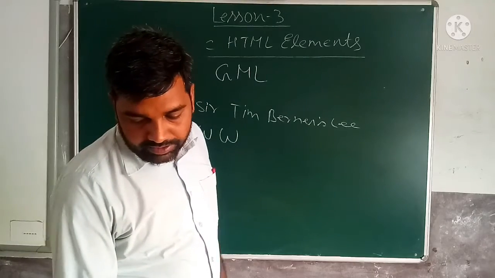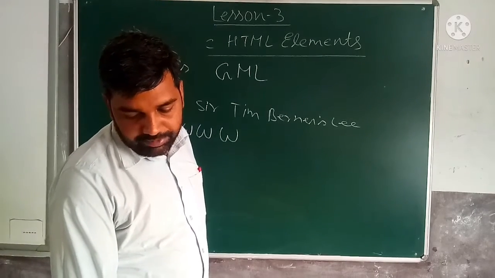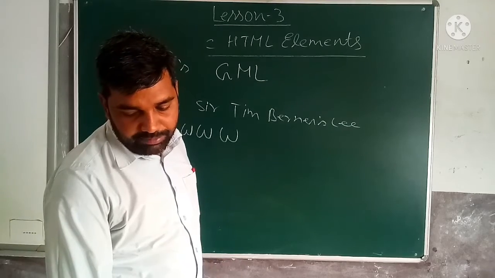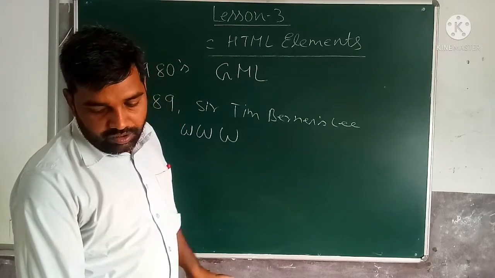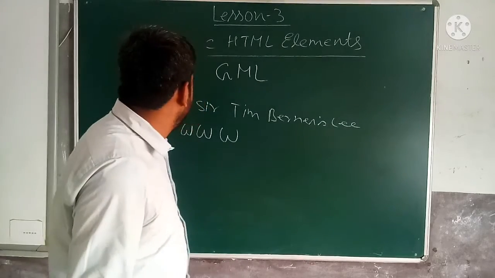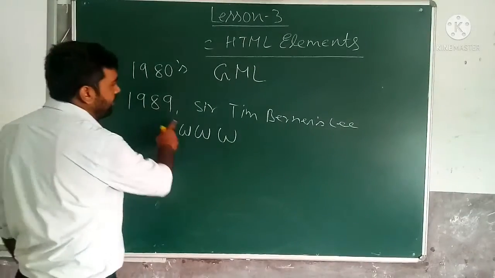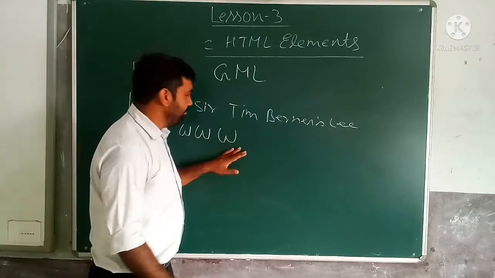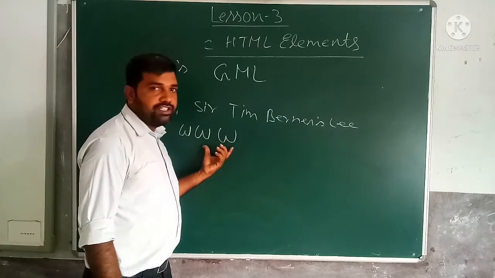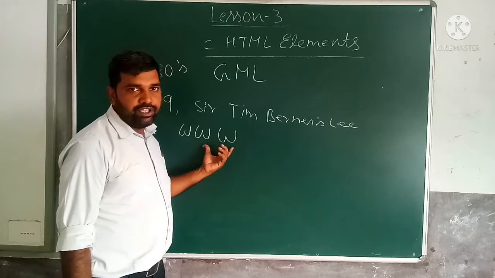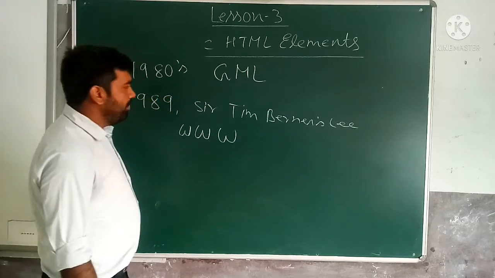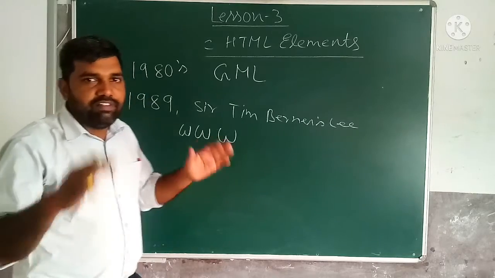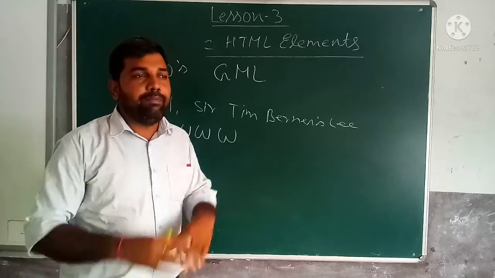So what do you find? Sir Tim Berners-Lee and his team redesigned the language and named it HTML, and the standard version of this came into existence in 1995, whereas in 1989 Sir Tim Berners-Lee invented the triple W, World Wide Web. World Wide Web is the concept of storing information on web servers. So lots of web servers were created, and the web servers contain many web pages.